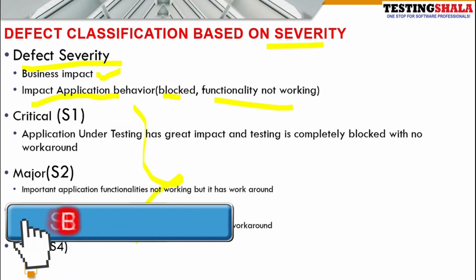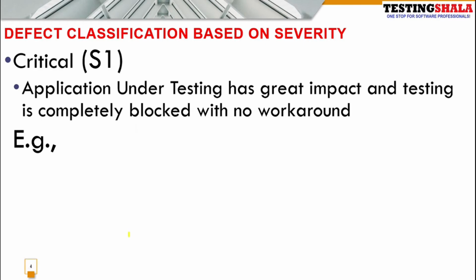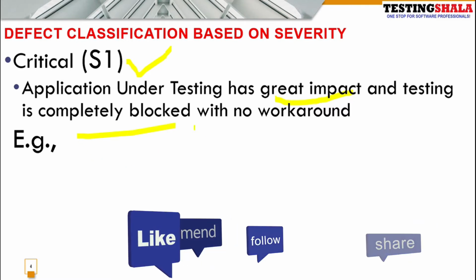Now let us understand what a critical severity defect, S1, is all about. Critical defects have the highest severity, which has a huge impact on the application we are testing. If something is completely blocked and there is no workaround, then we classify that kind of defect as critical.